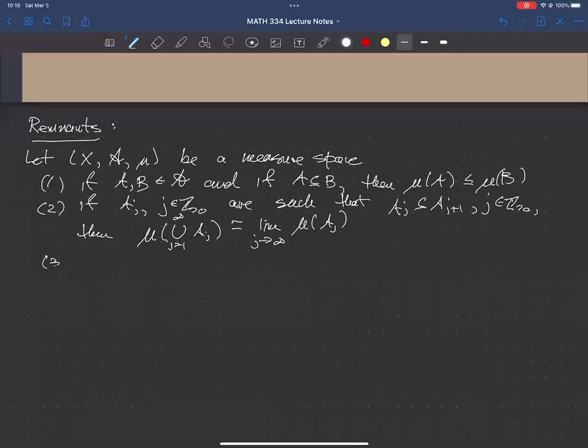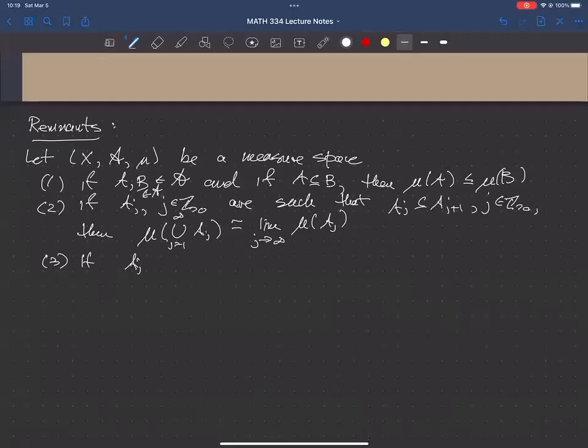Another kind of similar property has to do with decreasing sequences of sets. So if A_j again, sorry, these are in the sigma algebra, now the sets are going the other way around, so these decrease in size.